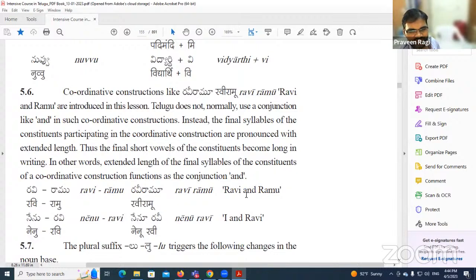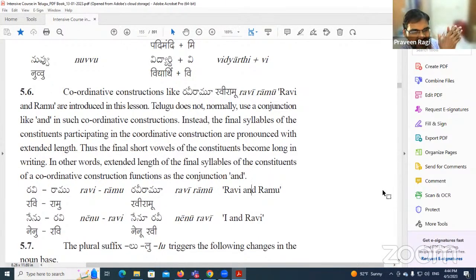In Telugu, we don't use the actual meaning of and, but we just make a long vowel sound. Ravi Ramu vastunnaru.